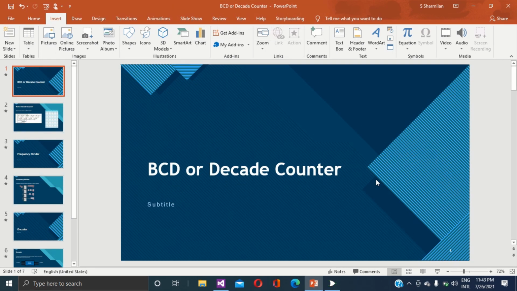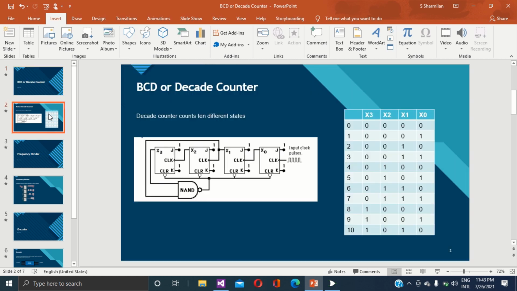In this chapter we are going to see the decade counter. A decade counter counts 10 different states. That means the decade counter counts from 0 to 9, and when the 10 state comes, it goes to the initial state.